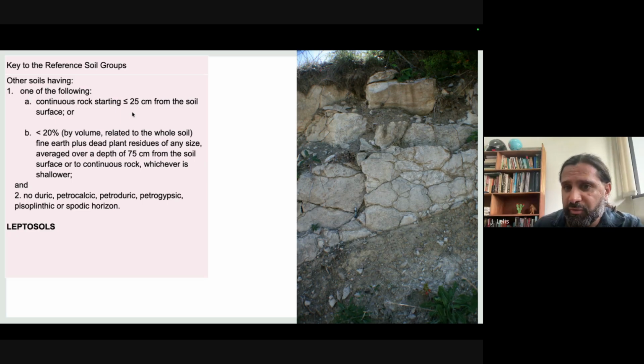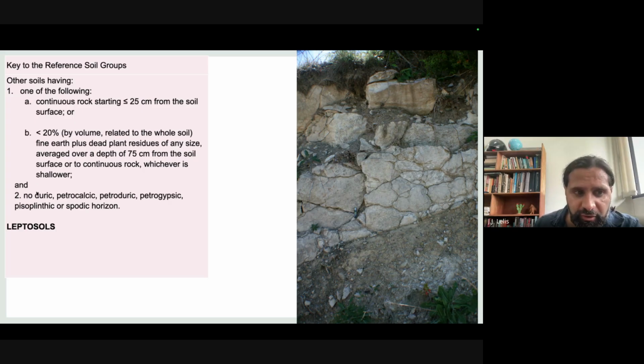So in this case, for example, you can see that the R layer is not present, but I can see a lot of gravels, a lot of coarse material, and the fine earth, it's just this part, which is less than 20% by volume. Because of this, I still have a Leptosol.